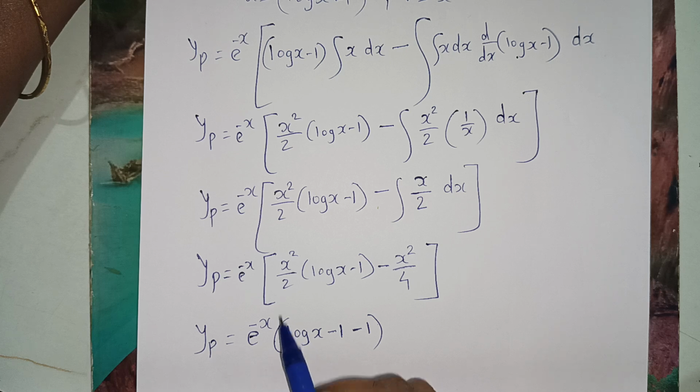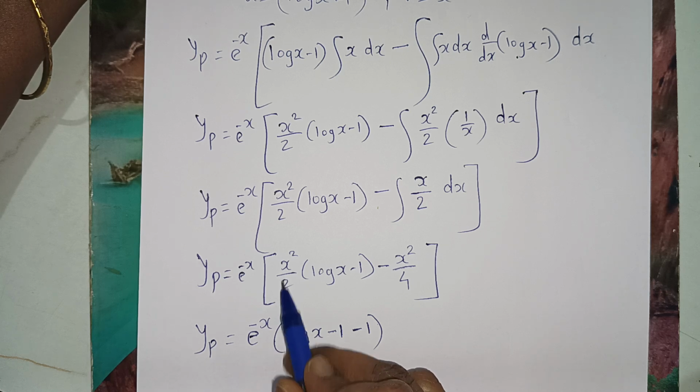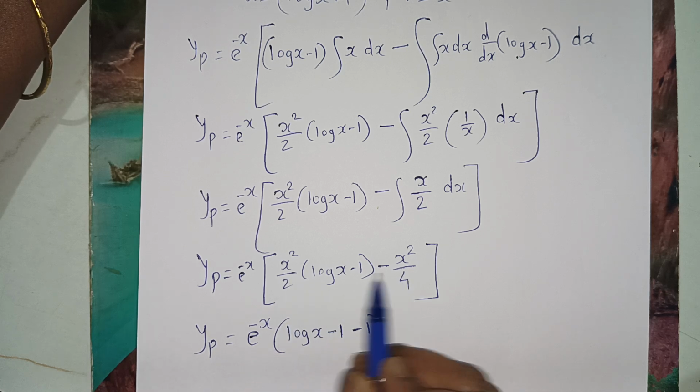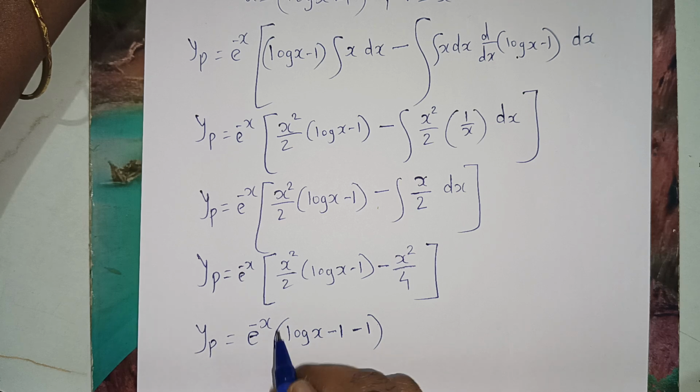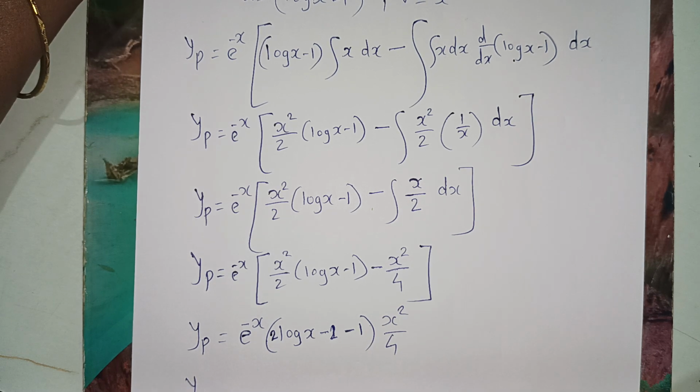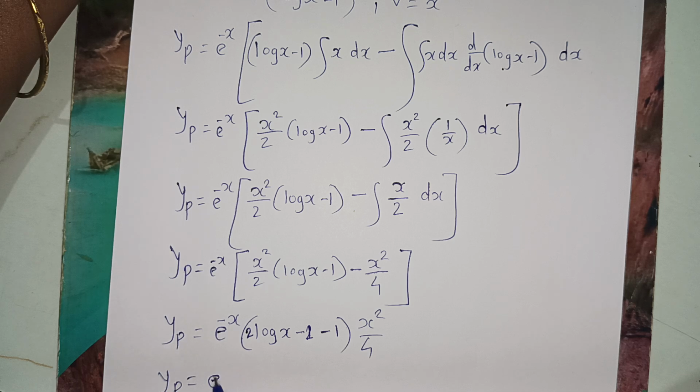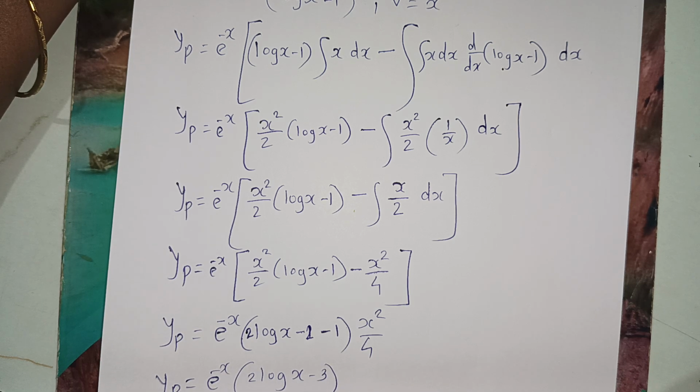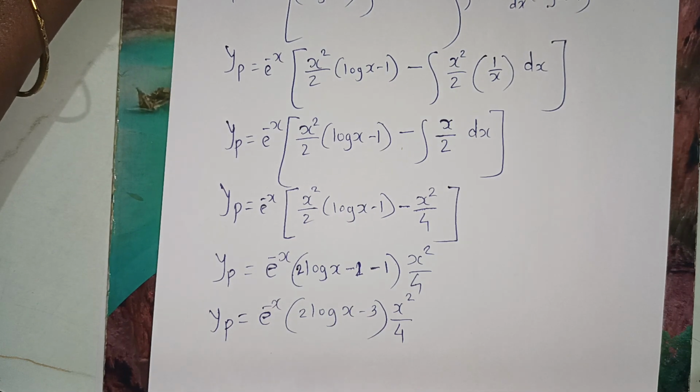You have to multiply this by 2, numerator and denominator, then only you can combine this minus 1 with this one. So 2 log x minus 2 minus 1 multiplied by x square by 4. So yp is equal to e raised to minus x, 2 log x minus 3, x square by 4. This is your final answer. This is your final yp.